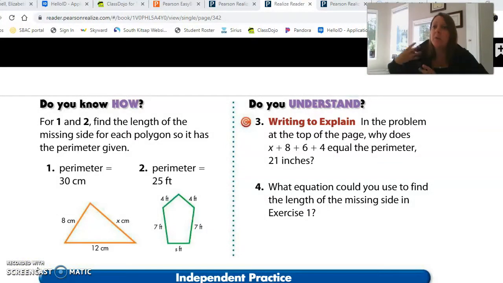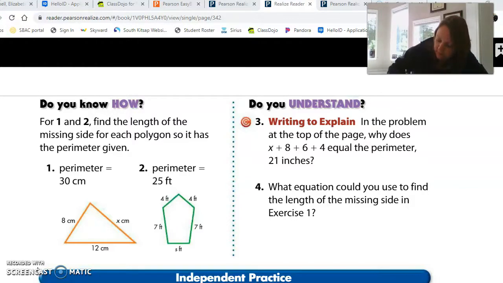So I know that in order to find the perimeter, I have to add up 8 plus 12 plus x. And now I have to figure out what is the missing number? What should be there instead of an x? Well, let me see. 12 plus 8 or 8 plus 12, whatever is easiest for you.